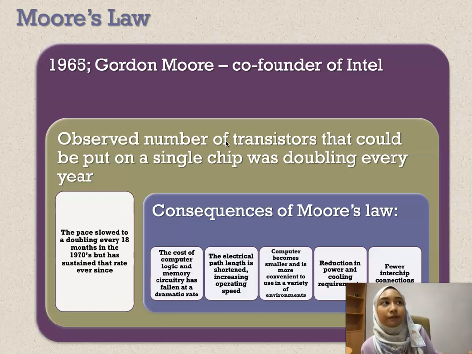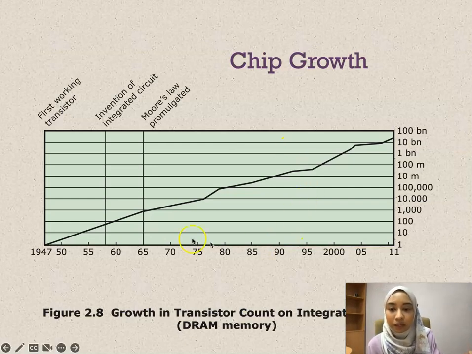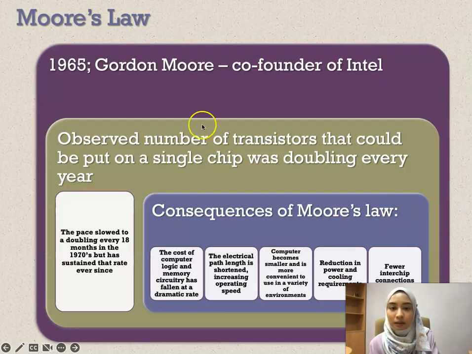For example, if in 1965 it was 1,000, he said it was doubling every year. So in 1966, he said that it would become double, right? So 1,000 becomes 2,000.